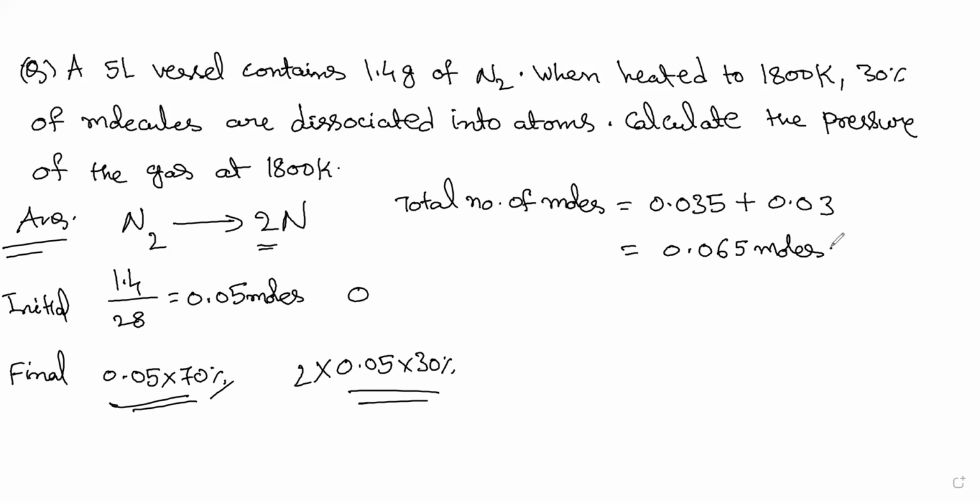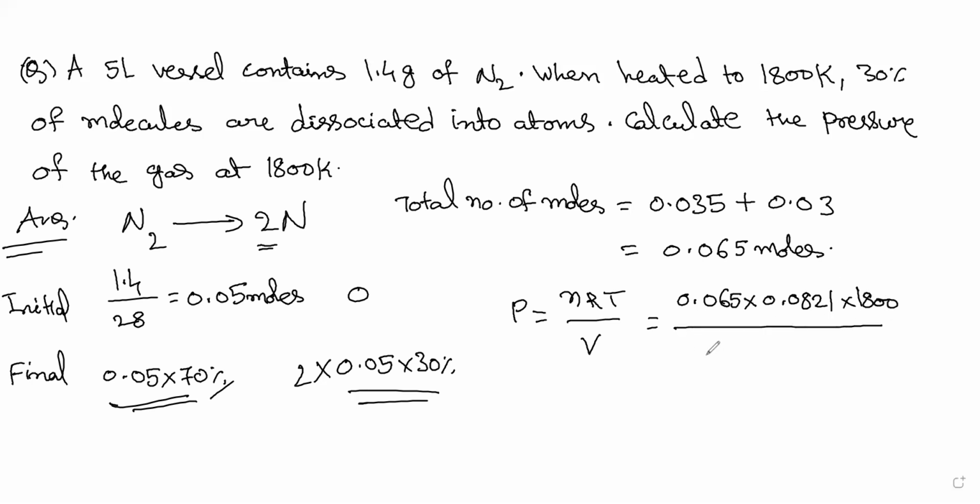Once you get the total number of moles, you can use the equation PV equals nRT, so P equals nRT by V. n is 0.065, R value is 0.0821, temperature is 1800, divided by V, the 5-liter vessel, so 5 liters.